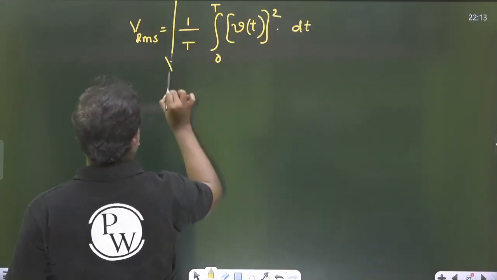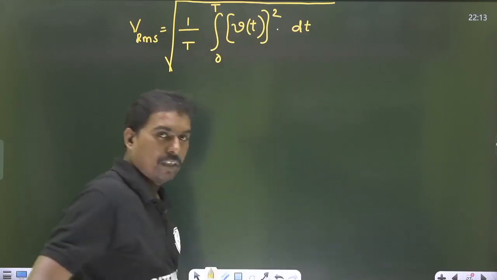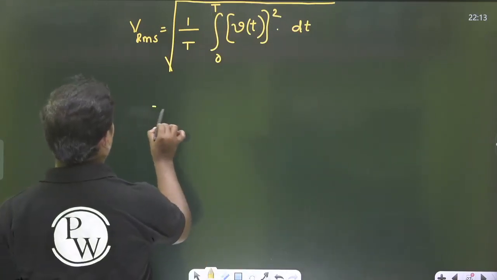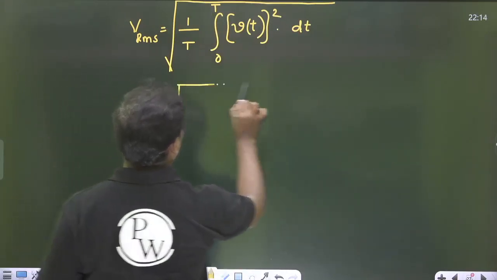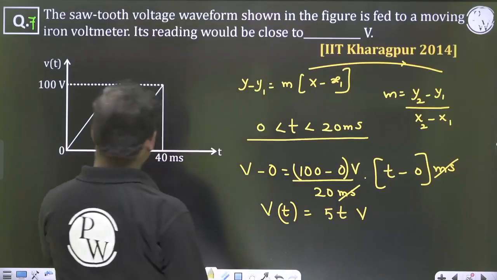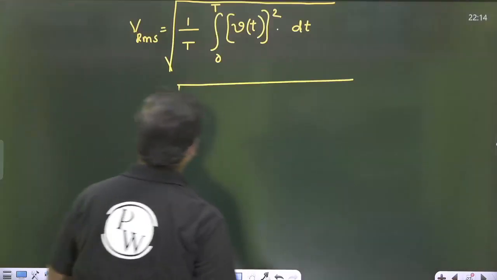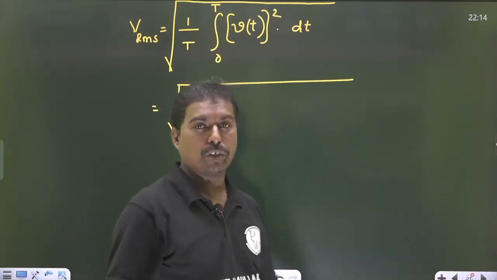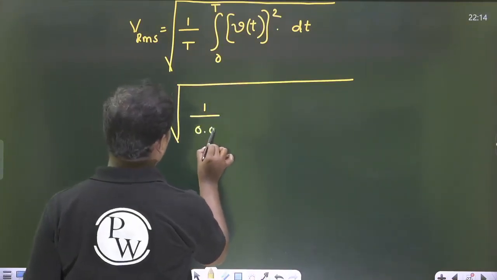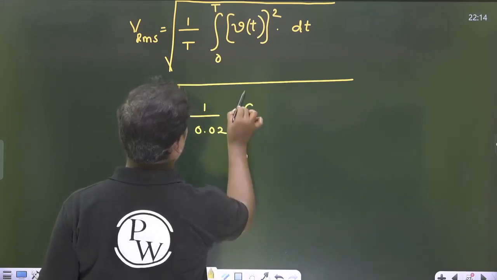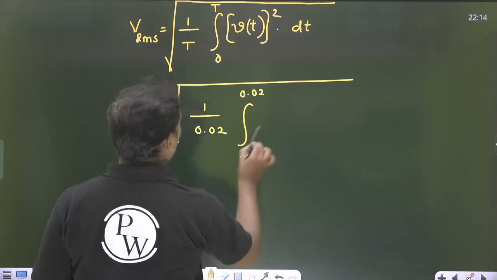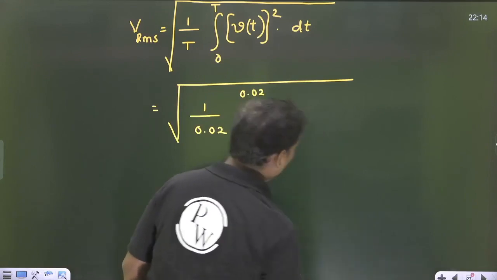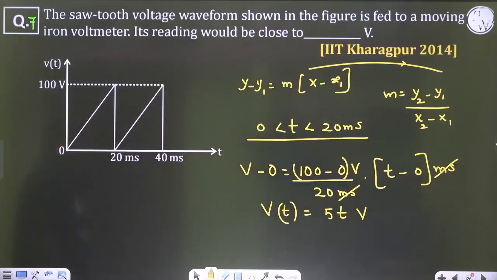What is the 1 by T? 1 by 20 milliseconds. 20 milliseconds I can take as 20 into 10 power minus 3, that is 2 into 10 power minus 2, that is 0.02 seconds. The integral is from 0 to 0.02 seconds, with v of t equal to 5t, right? Any mistake I have done?